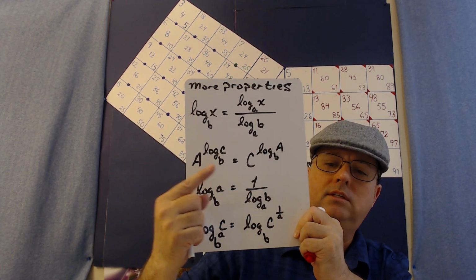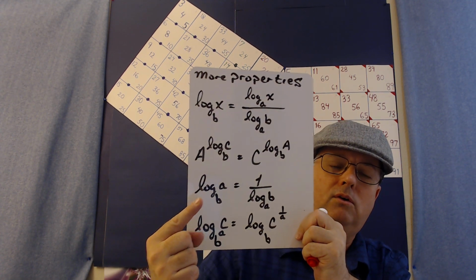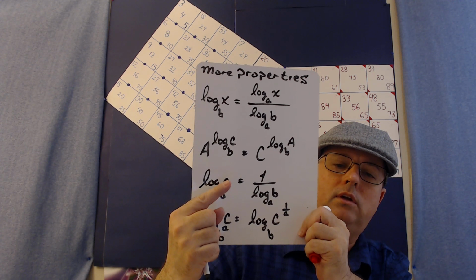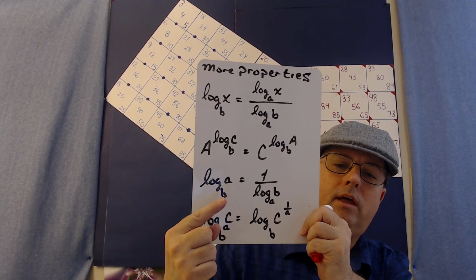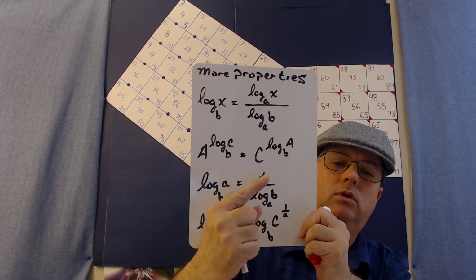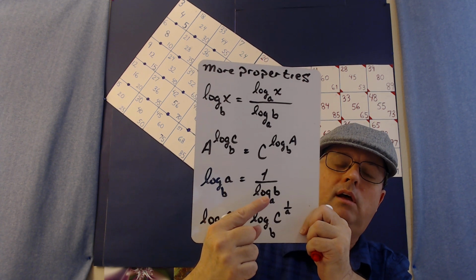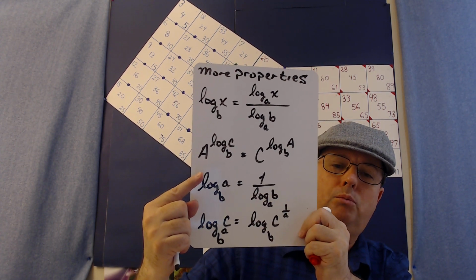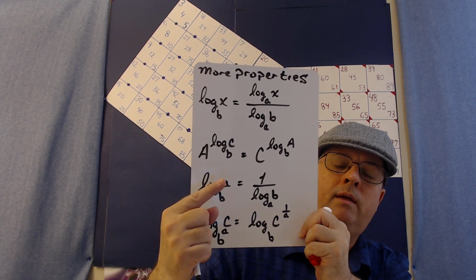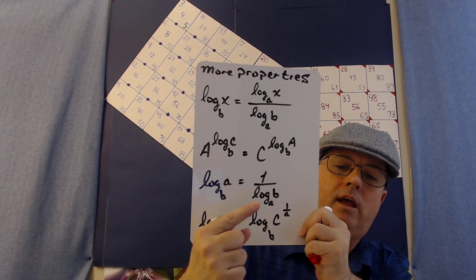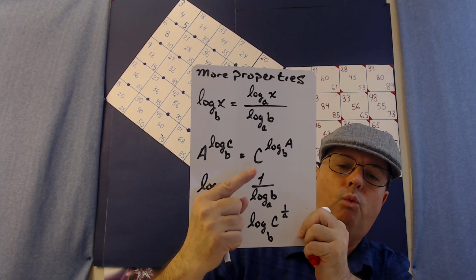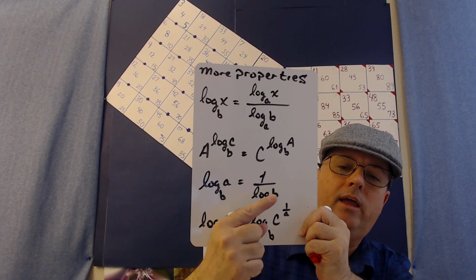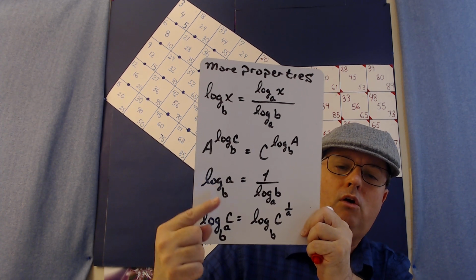That's like a superpower. And here's log base b of a. You want that a to jump down and that b to jump up? Well, just put 1 over, and then you have log base a of b. So before you had log base b of a, and if you want log base a of b, that just goes under there. 1 over the log base a of b is the same as the log base b of a.